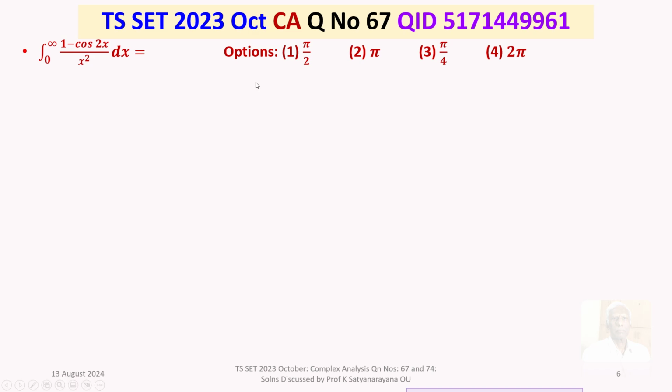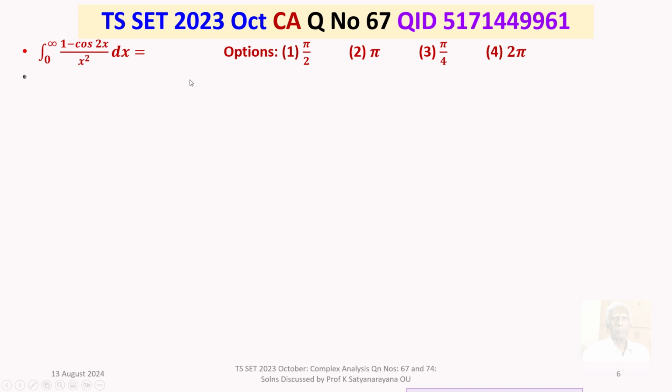My idea here is to discuss this question in detail, so that those who do not know the answer can learn how to do it. This is the evaluation of real integrals using complex analysis.